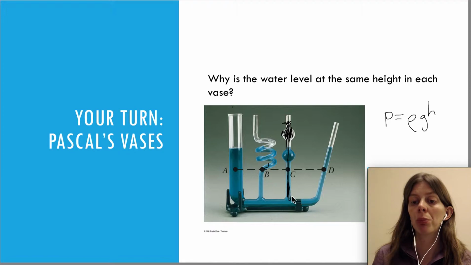There would be more pressure pressing down at C. The pressure at C would be more than the pressure at D here. Well, if the pressure at C is greater, that means it's going to push the other liquid up more because there's more pressure. And it's actually going to push up that liquid until it evens out with the liquid in C. So they just have to be at the same height to exert the same pressure.